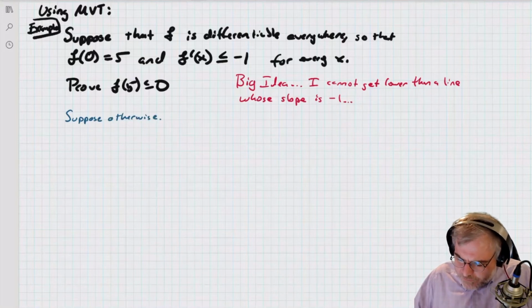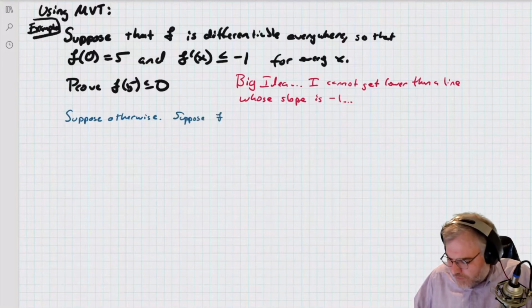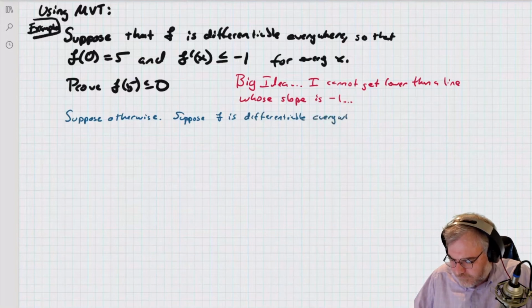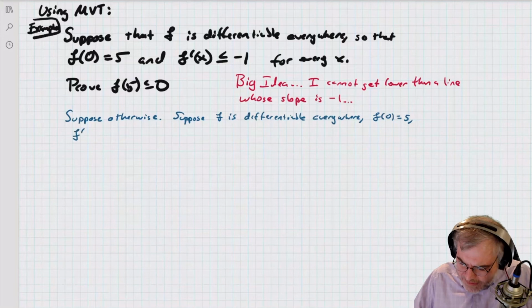Okay. Suppose f is differentiable everywhere. f of 0 equals 5. f prime of x is less than -1 for all x.